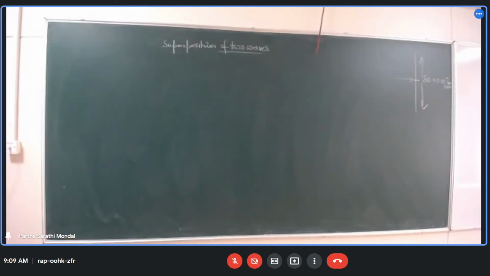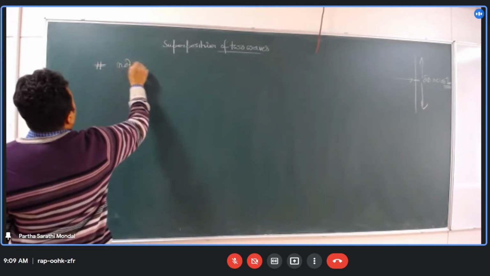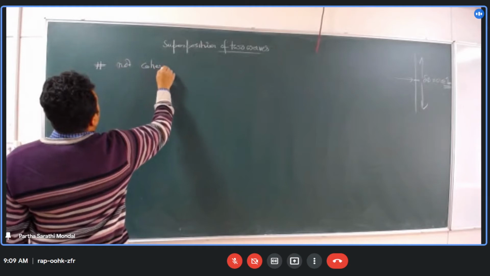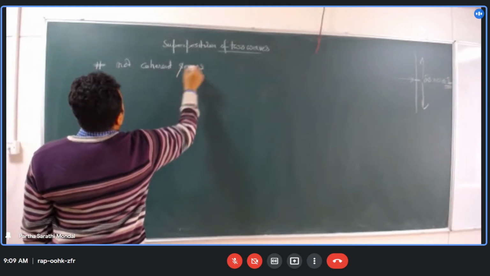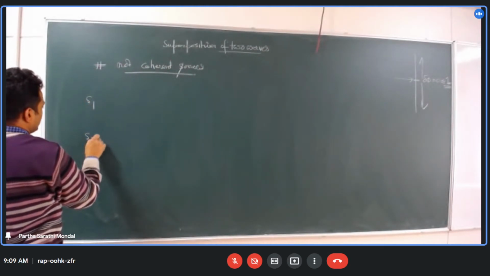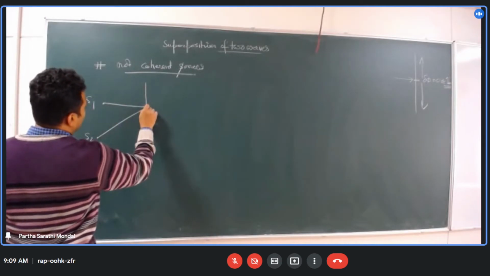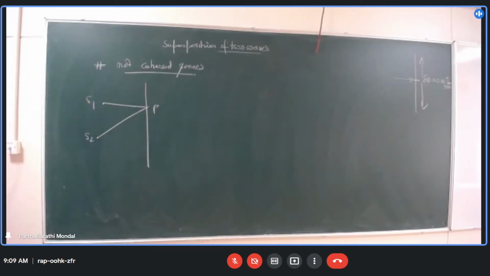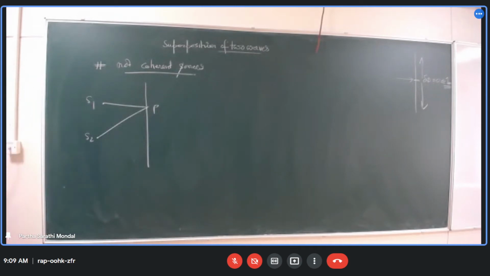So now, if you have non-coherent sources, that means you have S1, you have S2 here, and you have a screen here, and they are meeting somewhere at P. We will take very simple waves just to show this.